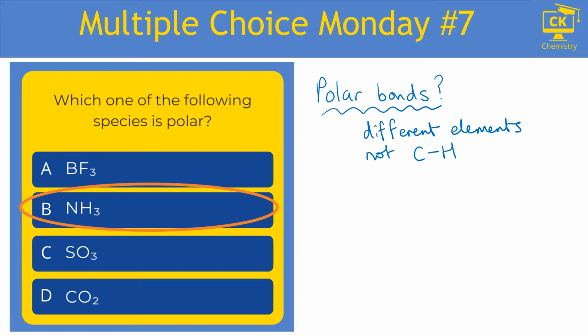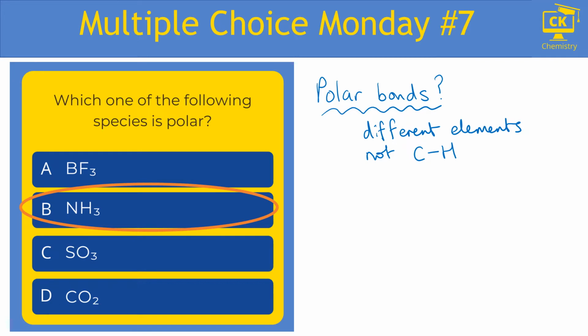So basically any molecule that is not a hydrocarbon, so alkanes, alkenes, benzene rings, you can pretty much always assume that there will be a polar bond. That doesn't help us very much with this question because every single one of these molecules has got polar bonds in it. So we've got differences in electronegativities between all of these different types of atom.